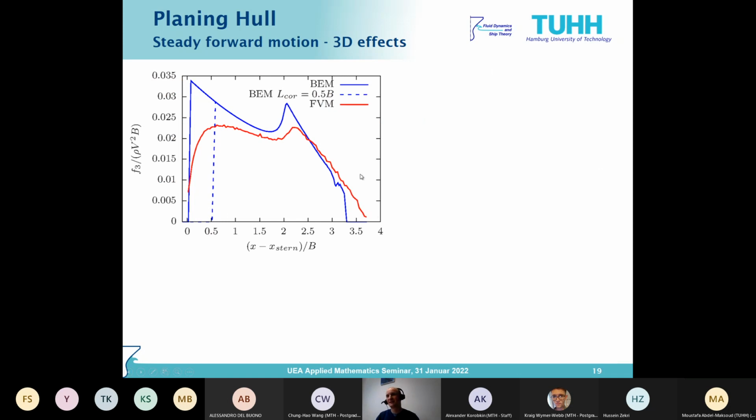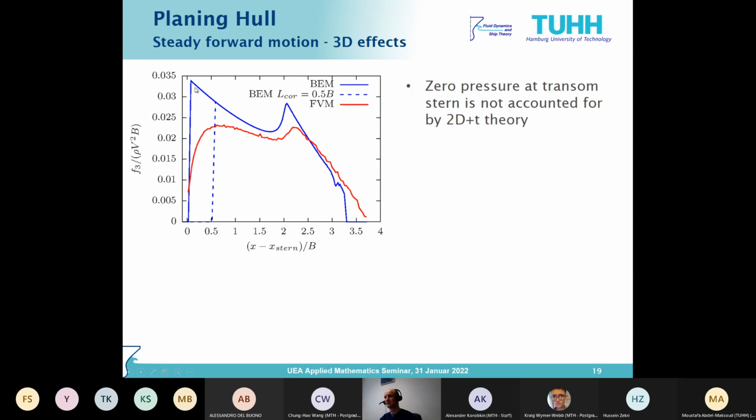So this is a typical picture when you compare 3-dimensional results with the 2D+t results. There are clearly some 3-dimensional effects here, and they are most prominent at the stern of the ship. This is because zero pressure at the transom stern is not accounted for by the 2D+t theory, which is because we neglect all changes in x direction.